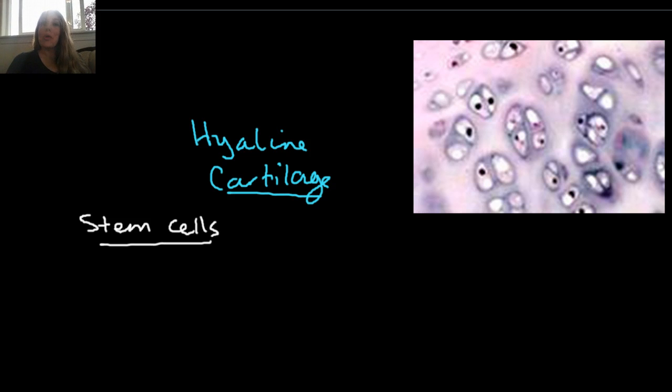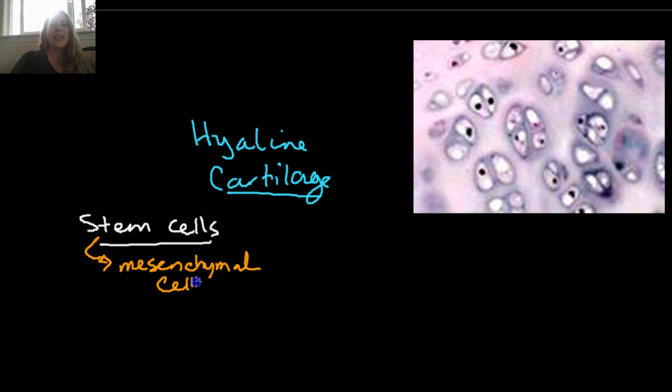So you know what stem cells are. But it turns out that stem cells that are going to become cartilage cells or bone cells have their own special name, of course. We're going to call these mesenchymal cells. So let's draw a little arrow and write this out. Mesenchymal. Isn't that a cool word? Mesenchymal cells.